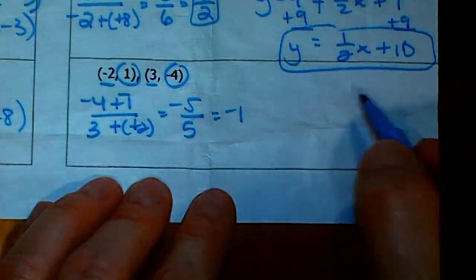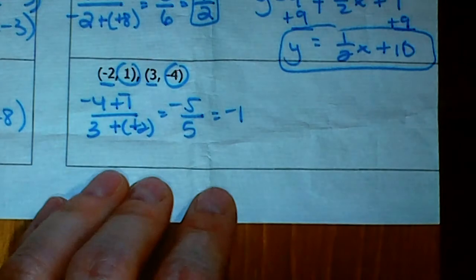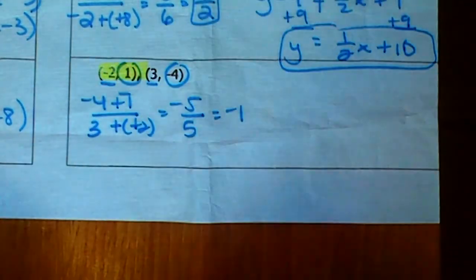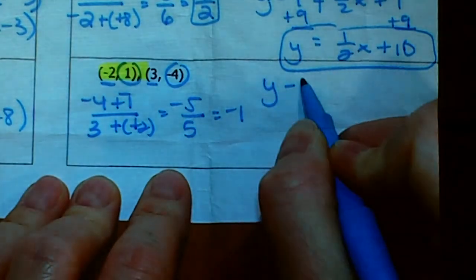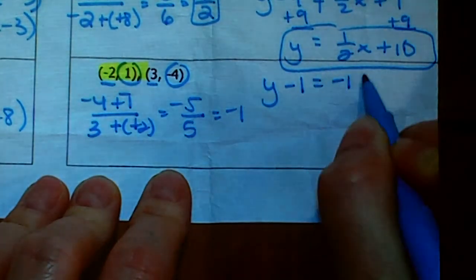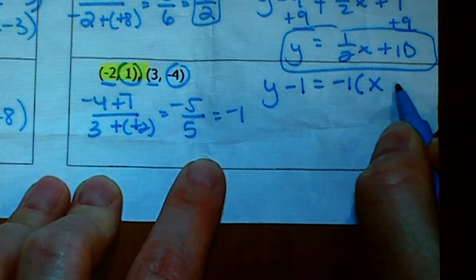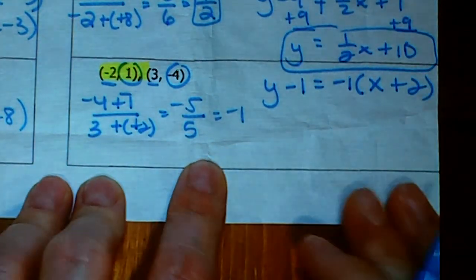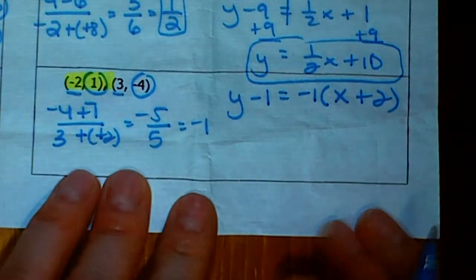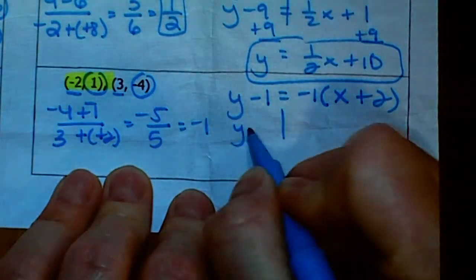So we're going to plug this into the point slope form, and this time I'll use the first ordered pair. Why not? All right, so y minus y1 equals the slope times the quantity of x, and it would be minus negative 2. That makes this plus 2. Let's distribute first.